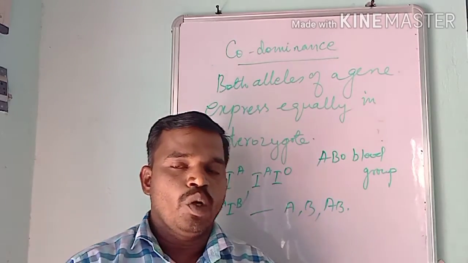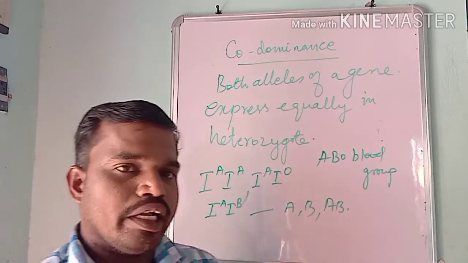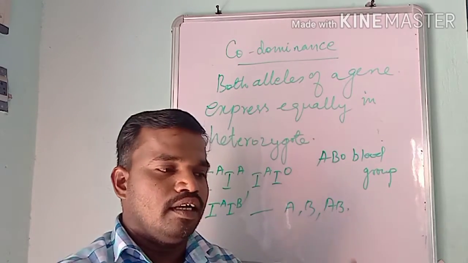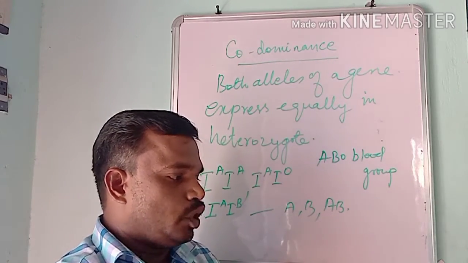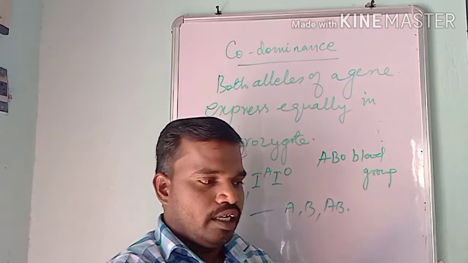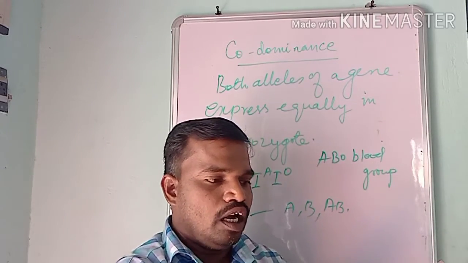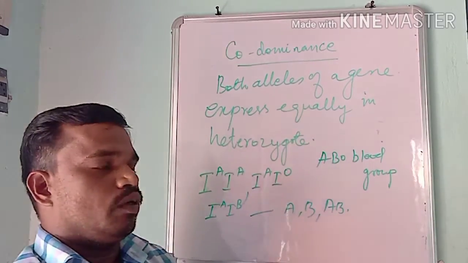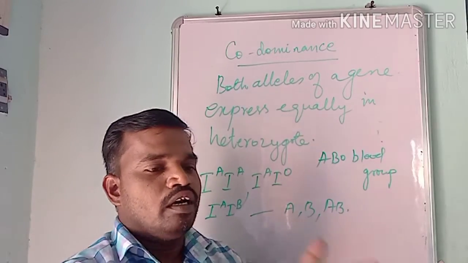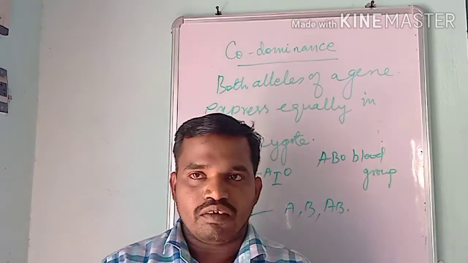Roan coat of the cattle. If you take dogs also, one dog is white in color. For example, the male dog is white, having white fur, and the female dog is having black fur.